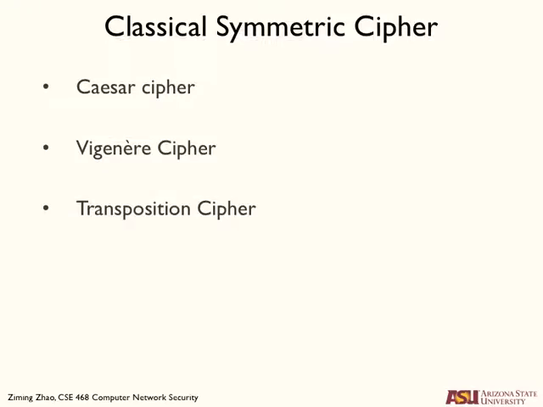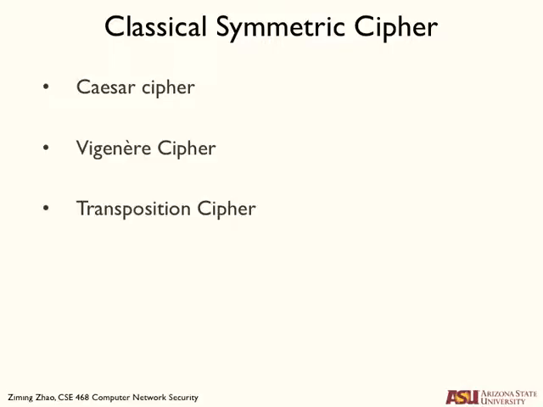So in order to study how this symmetric system works, we are going to use 3 examples: Caesar cipher, Vigenère cipher, and Transposition cipher. And the first 2 examples are substitution ciphers.